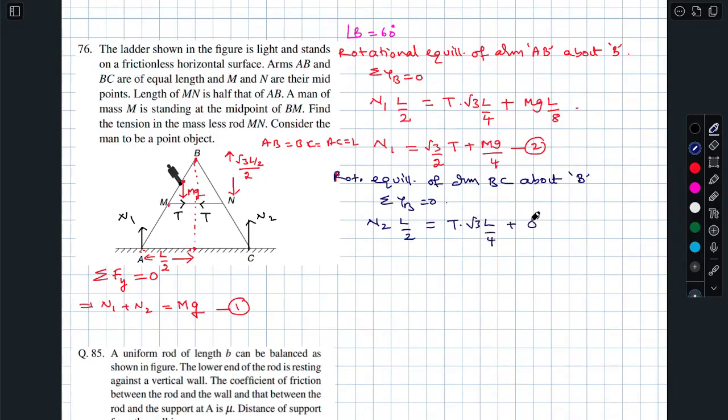There is no force there. So therefore you can write N2 as √3 by 2 times T.